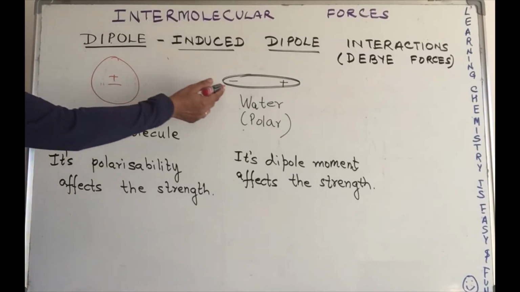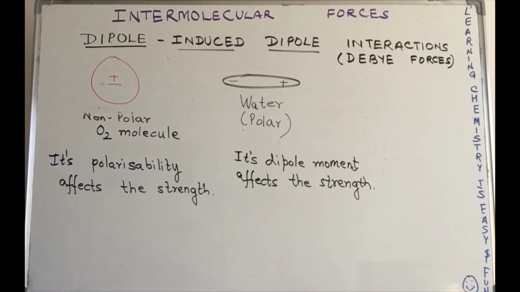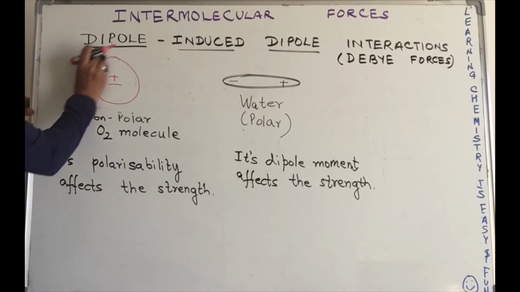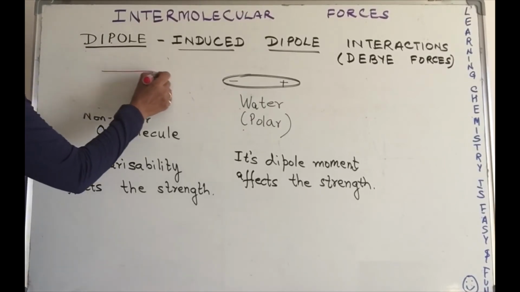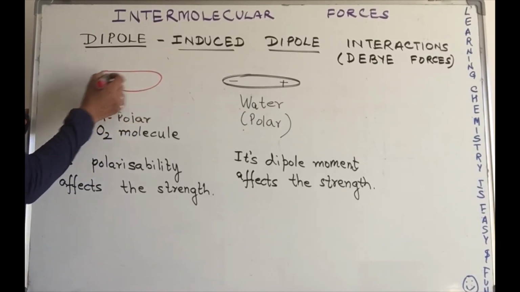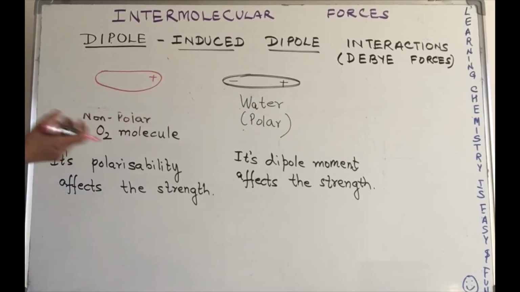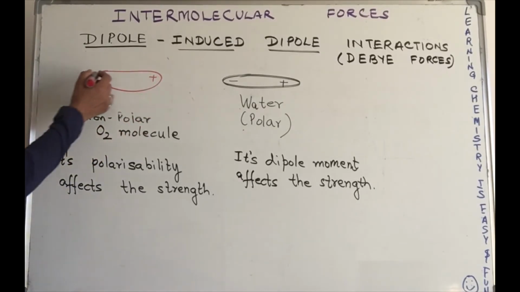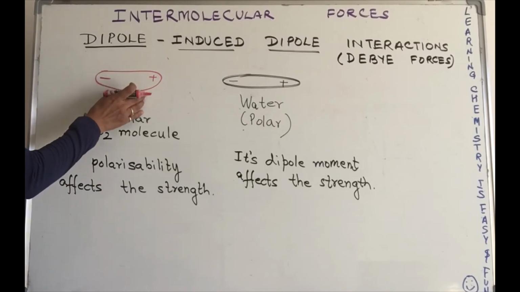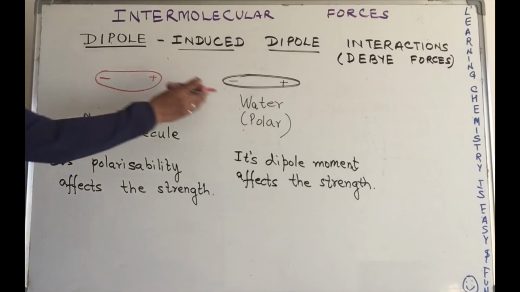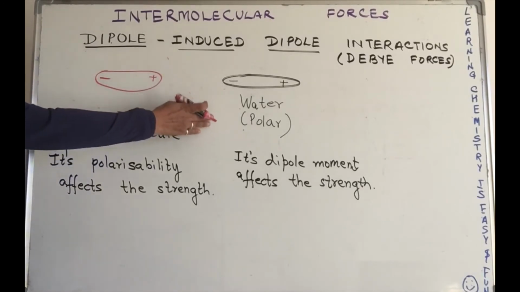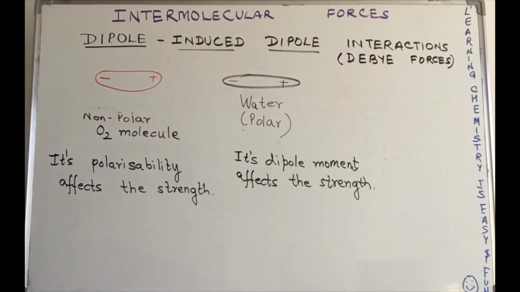Whereas this water molecule comes and spoils that relation, and it has a tendency to push away the electrons and pull or tug towards the nucleus. With the result, this oxygen molecule, which was otherwise non-polar, starts behaving like a polar molecule only in the presence of the molecule which already has a dipole.